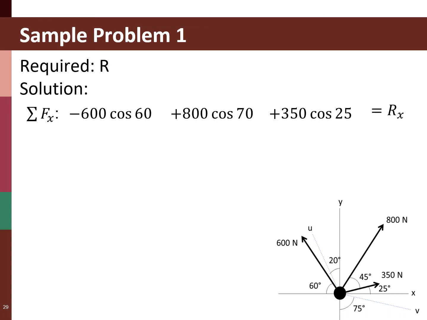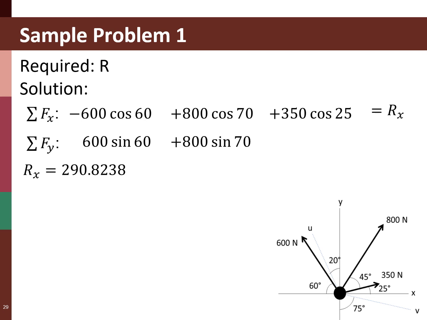This is equal to the x component of the resultant, which is equal to 290.8238. Next, we get the summation of forces about the y-axis. Now we have 600 sine 60 plus 800 sine 70 plus 350 sine 25.